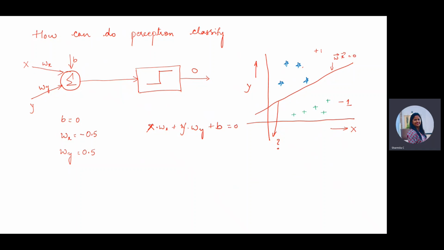So it is -0.5 X plus 0.5 Y plus 0, which is equal to 0. So y equals x, which is linear in nature. So we are identifying this linear decision boundary.